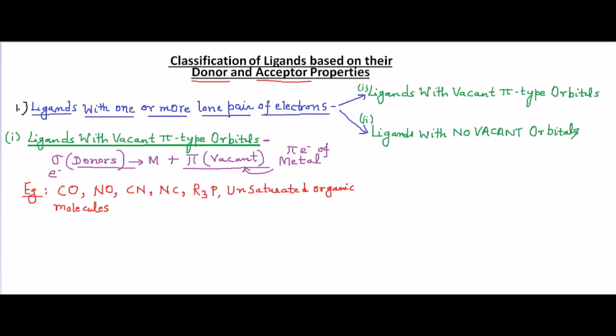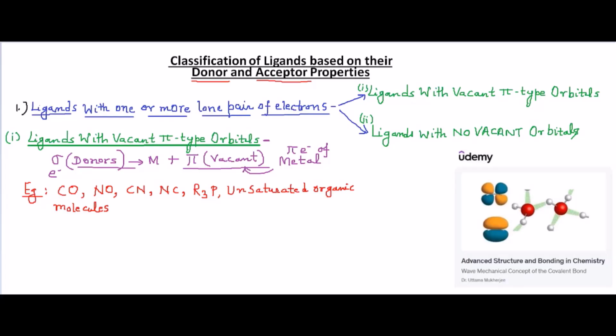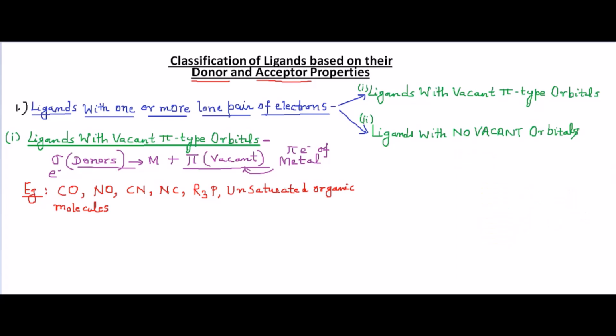If you go through the fourth course about the advanced structure and bonding in chemistry, where I have dealt with the molecular orbital theory, you can see the molecular orbital diagram for the carbon monoxide molecule that I have mentioned there.